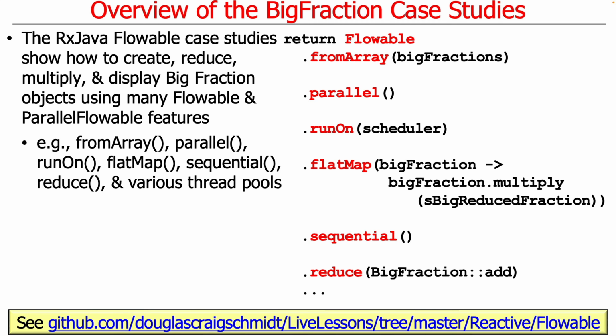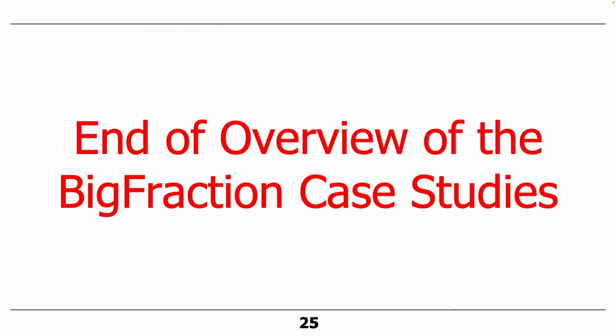So ParallelFlowables are actually quite a bit like parallel streams, and they have a lot of the same benefits, but again, it's an asynchronous reactive model as opposed to a synchronous model. So that is a quick overview of the BigFraction case studies. Now we're going to turn our attention in just a moment to the more detailed coverage of the operators in the different RxJava classes in the context of these case studies.